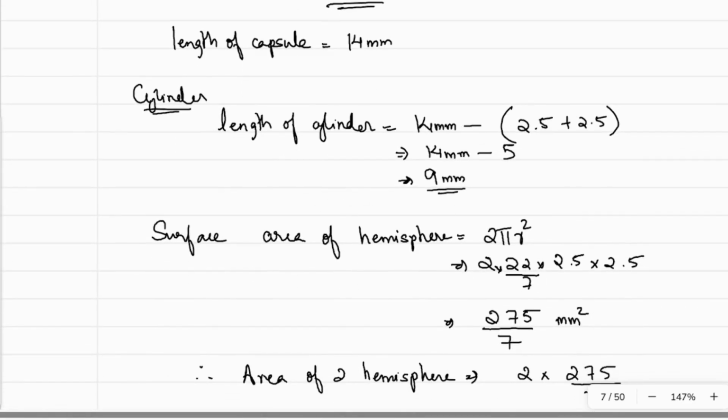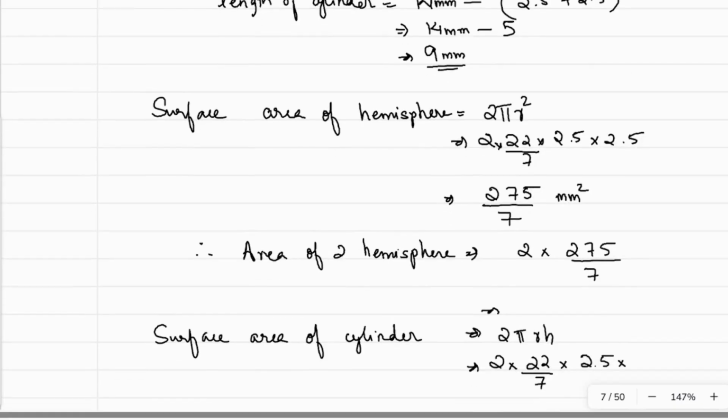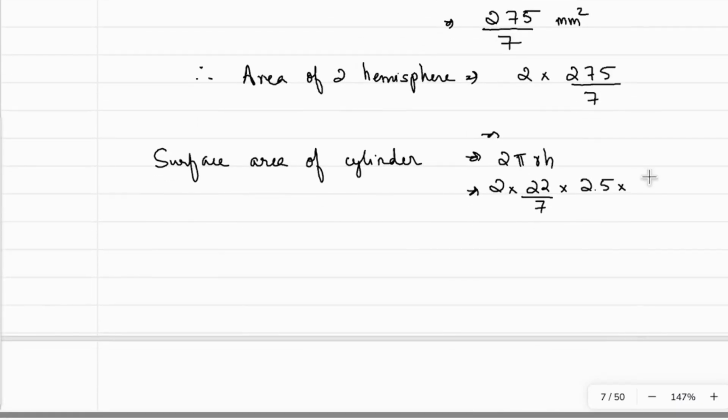We found the length of the cylinder, and in the case of the cylinder, length is equal to the height. Therefore, our height of the cylinder is 9 mm, which we need to substitute here. That is equal to 22 by 7 into 9, into 45.